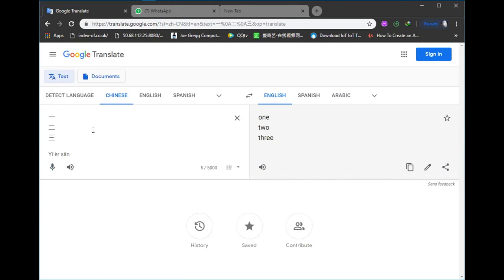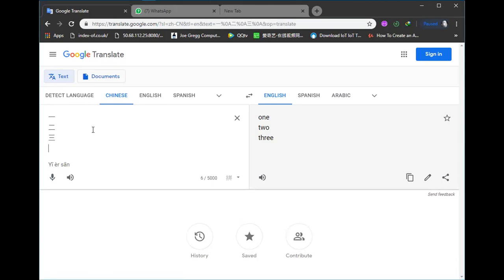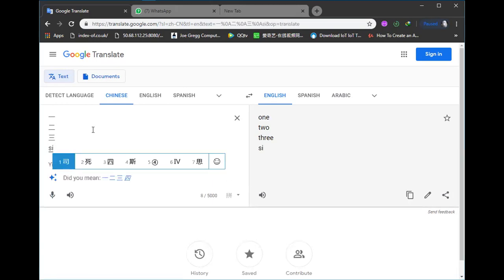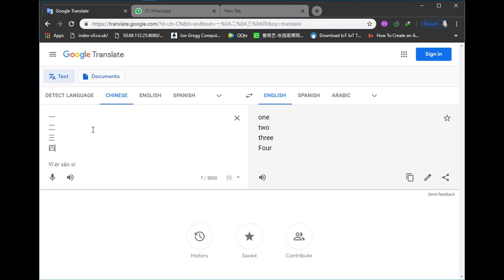Yes, sun. Very good. What's this number? Four. If you forget, just check here underneath, but if you can remember, just go with this as well. Okay, very good. That's correct.